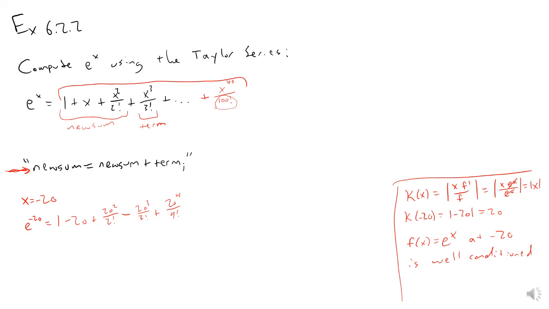E to the negative 20 is a tiny number, right? So this would be roughly equal to e to the negative 20 if we plugged in negative 20 everywhere we see x's. And e to the negative 20 is a pretty small number.